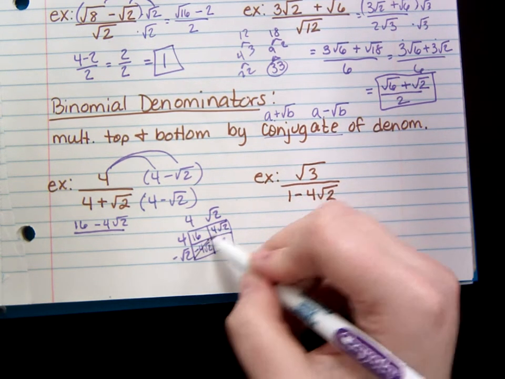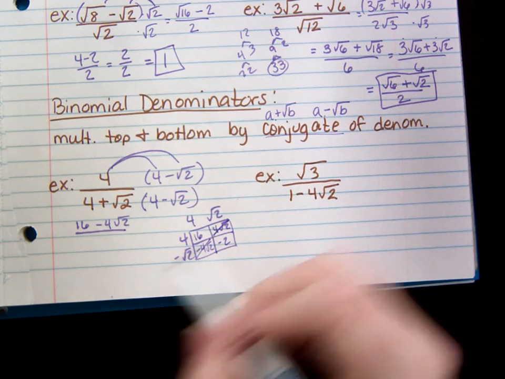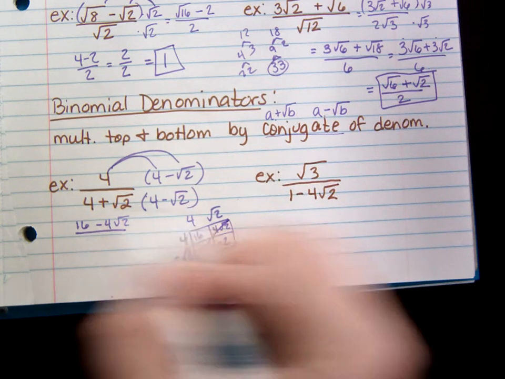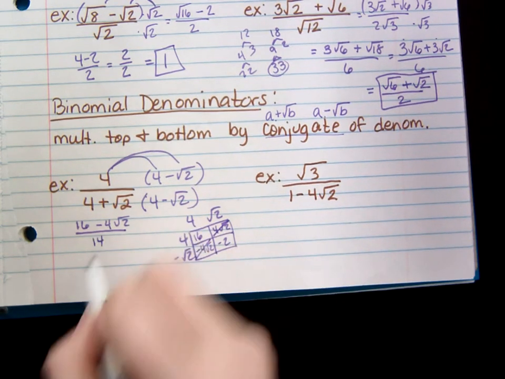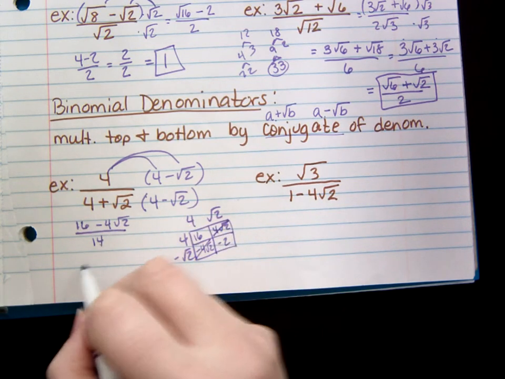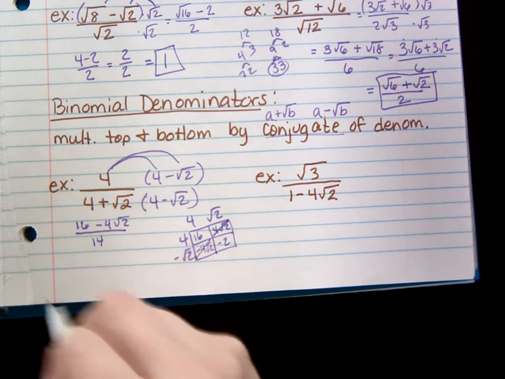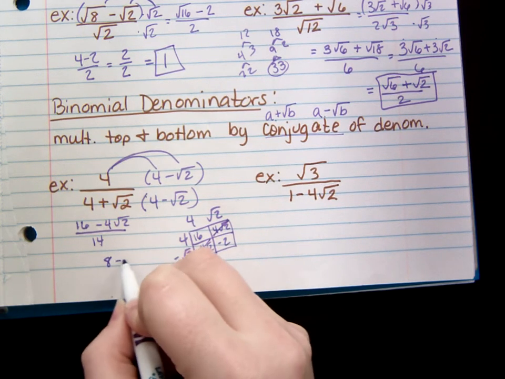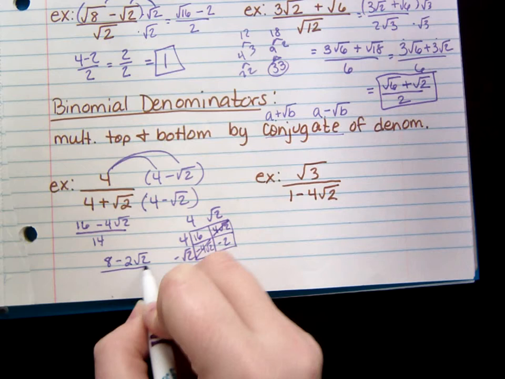These cancel out, and 16 minus 2 gives me 14. And because all these numbers are divisible by 2, I can go ahead and simplify a little bit further to get 8 minus 2 square root of 2 over 7.